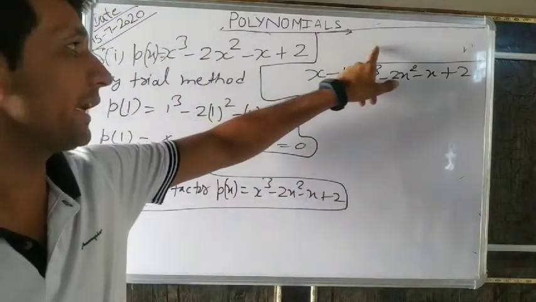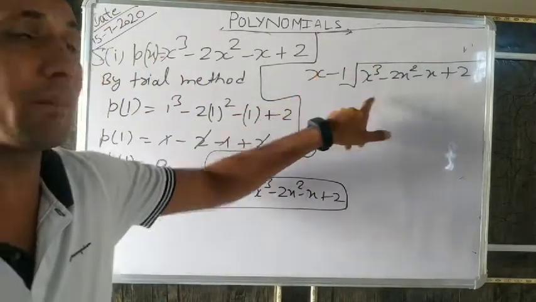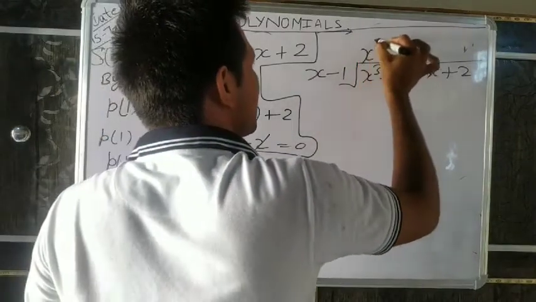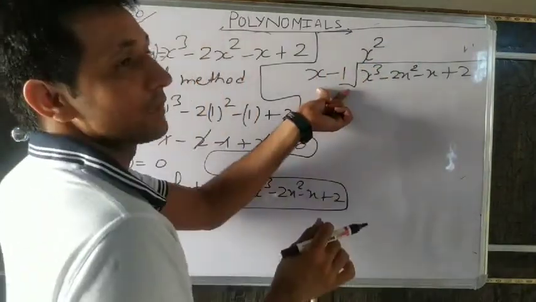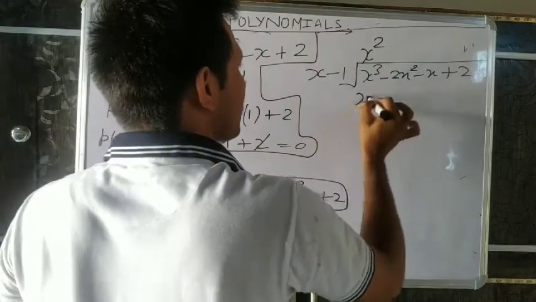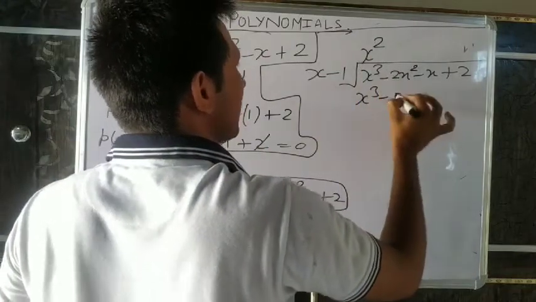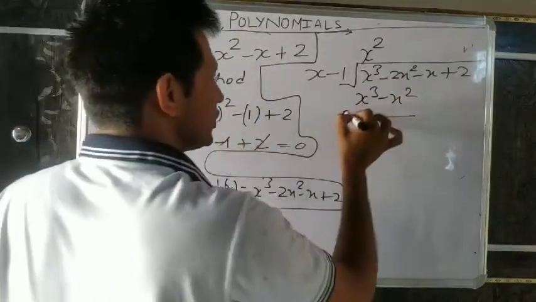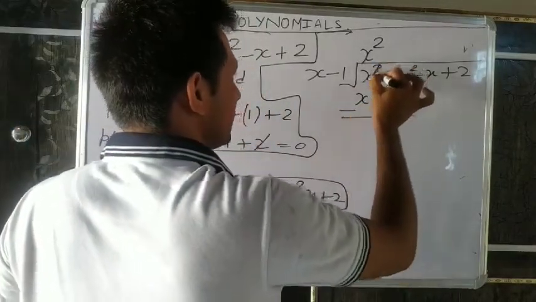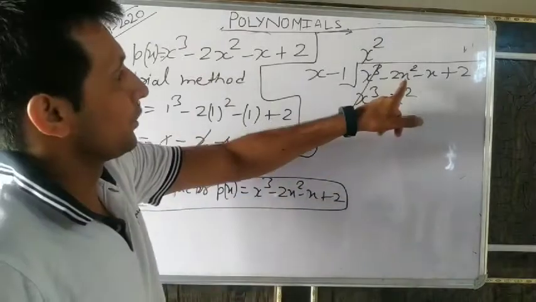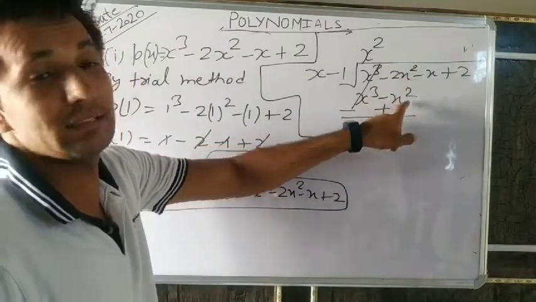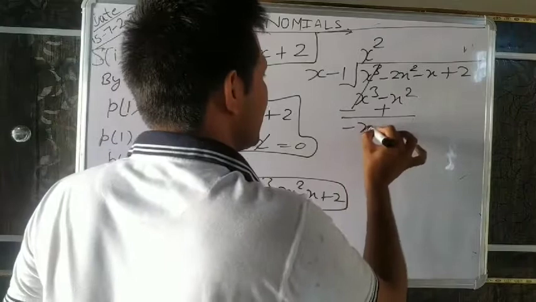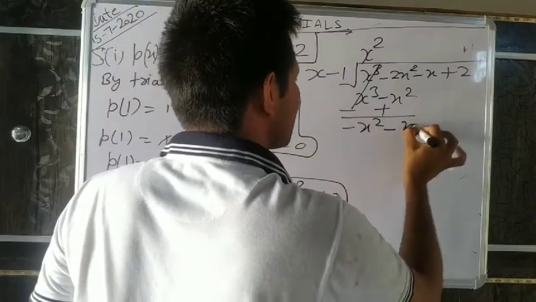First we write a number which, when multiplied, gives the same term. x square into x minus 1 gives x cube minus x square. Always change the sign: positive, negative, negative, positive. x cube cancels, 0. Minus 2x square plus x square, how much remains? Minus x square.